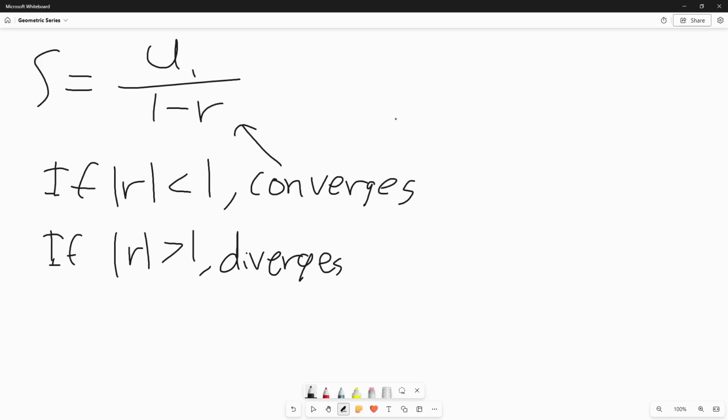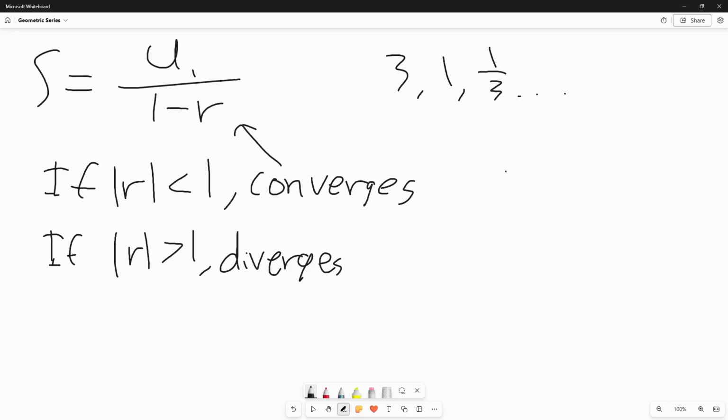So for example, if I have 3, 1, 1/3, and it goes on forever, my R is going to be 1 over 3. And the absolute value of 1 over 3 is just 1 over 3, which is less than 1. So this means I can use this formula to find the sum of all the terms.